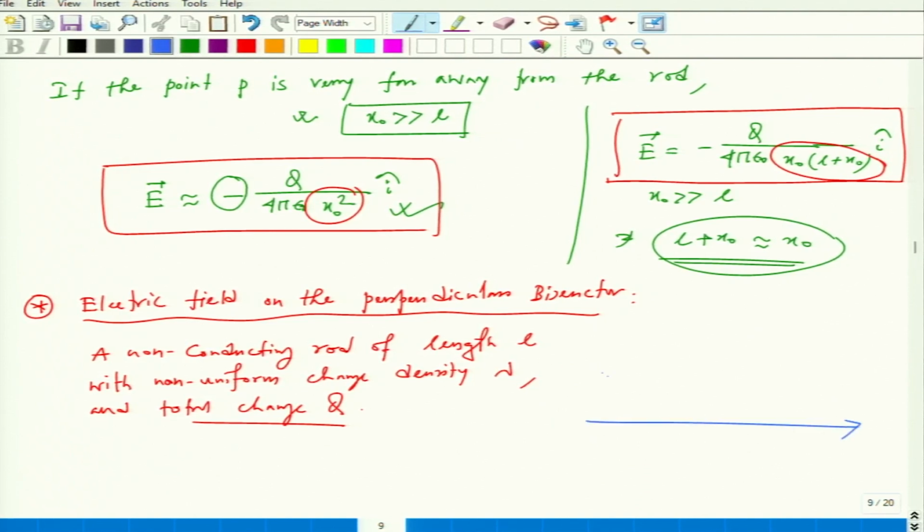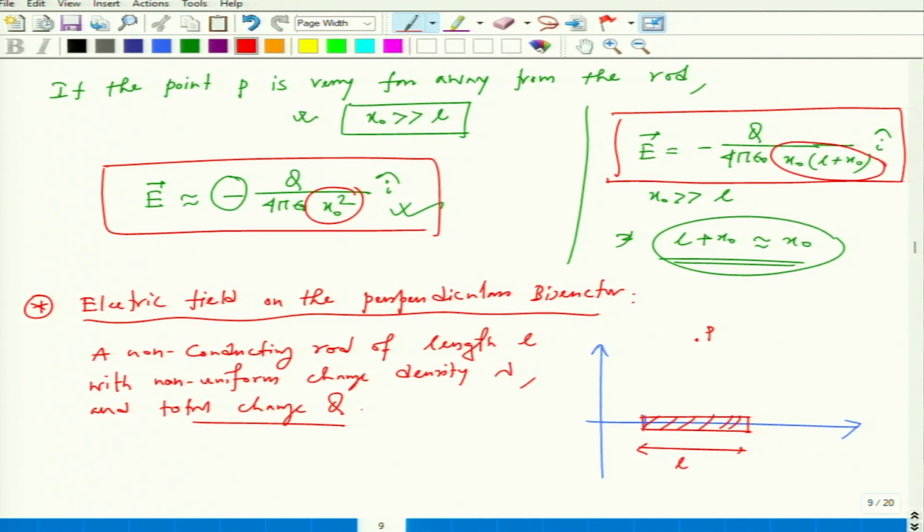So if we consider a rod here, the length of the rod is L, and we calculate the electric field at a point perpendicular to the rod. In the previous case we calculated the electric field at a point on the axis.